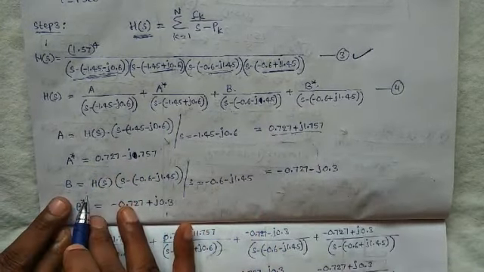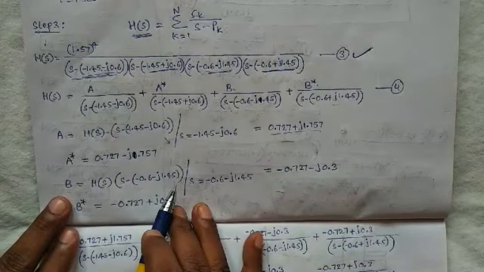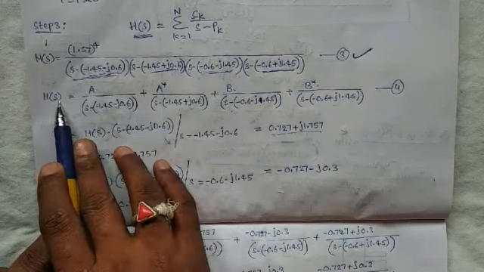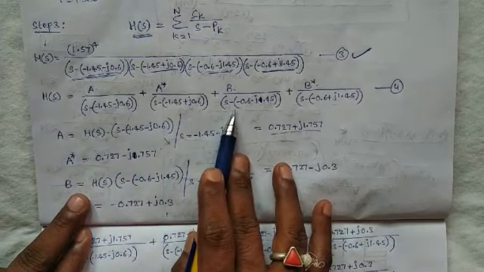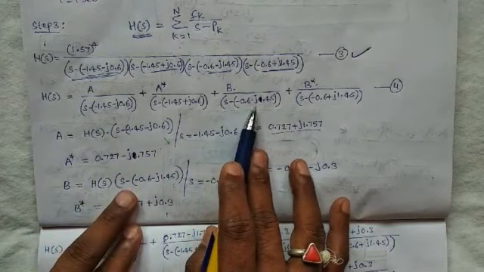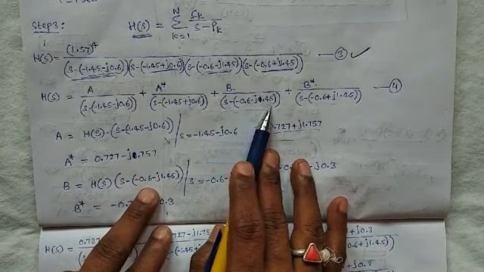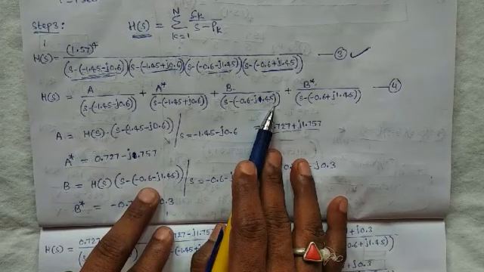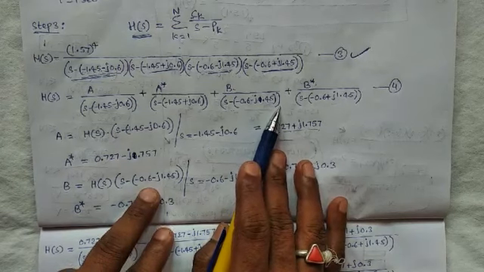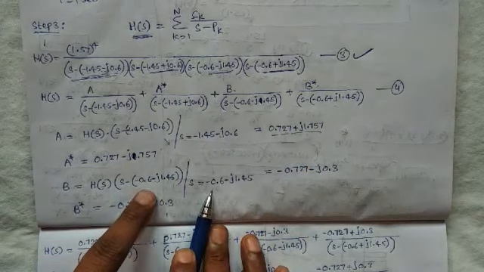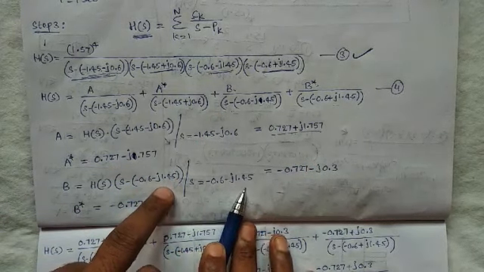In a similar fashion we calculate the B value. B is equal to H of s into (s minus (minus 0.6 minus j 1.45)), for s equal to minus 0.6 minus j 1.45.